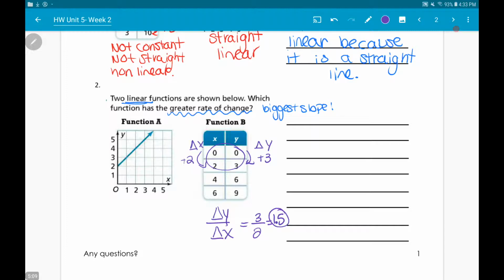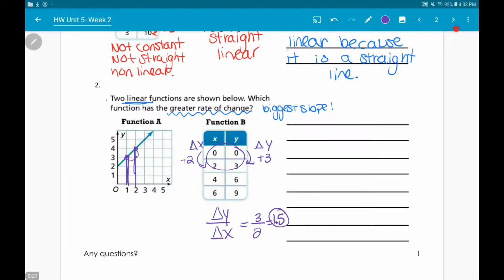From the graph, I can do the same thing, or I can just count my boxes. So I can see that my change in x from one point to the next is plus 1, and my change in y is also plus 1. But I need to be careful about how much it's counting up by.